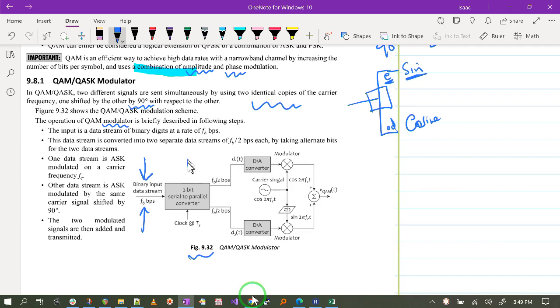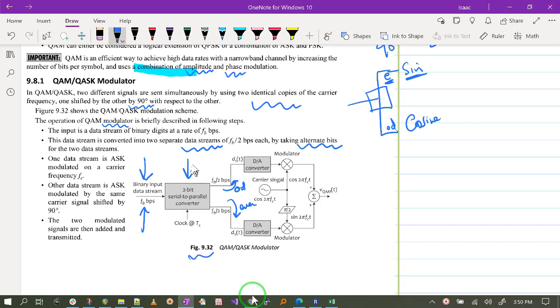In this block diagram, we generate two streams of data by taking alternate bits, similar to what we did with QPSK. So we may take even going that direction and odd bits going that direction, or vice versa. So we can say this is odd, this is even.